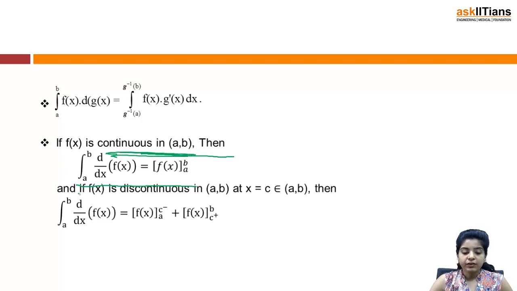Whereas if f(x) is discontinuous in [a, b] at some point x equal to c lying between a and b, then the integral from a to b of d by dx of f(x) would be equal to f(x) from a to c minus, plus f(x) from c plus to b. So basically we have broken this and taken a to c minus, then c plus to b.